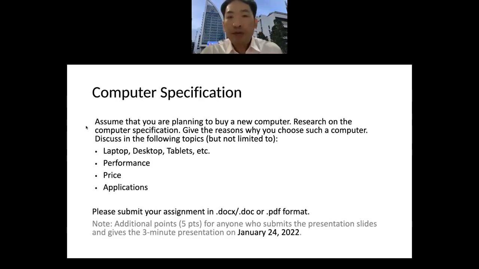If you are planning to buy a new computer, I would like you to go to the websites and grab some information about the computer specification, and you choose the components that you want to use and give the reason why you choose such components, and try to discuss the following topics. Are you going to use a laptop, or are you going to buy a desktop, or you prefer tablets or whatever, or you prefer the server specification?